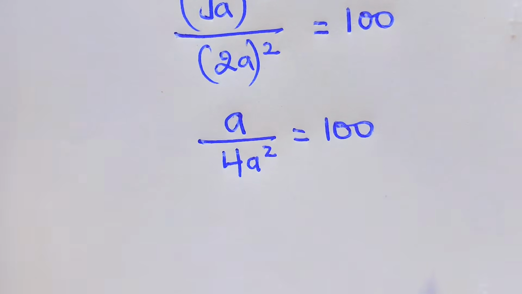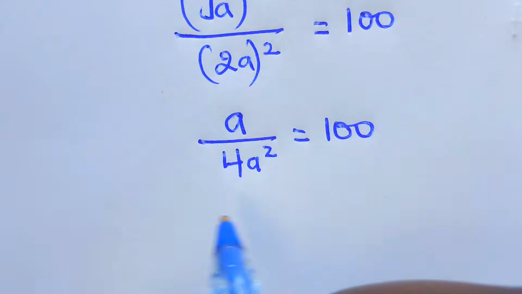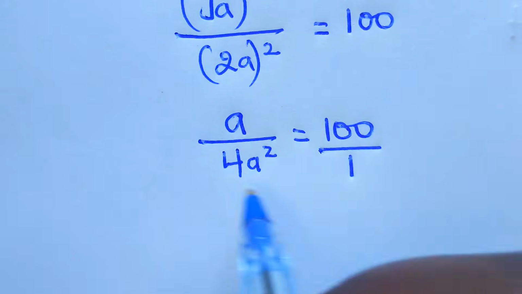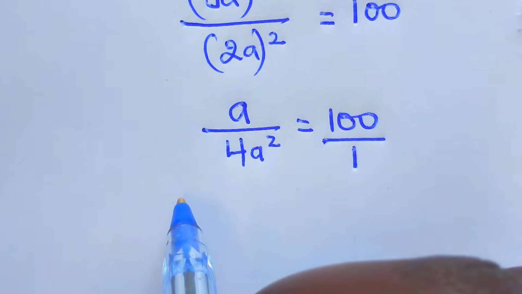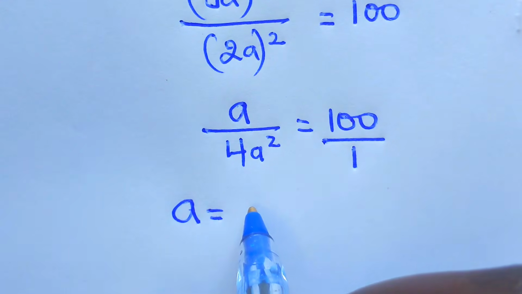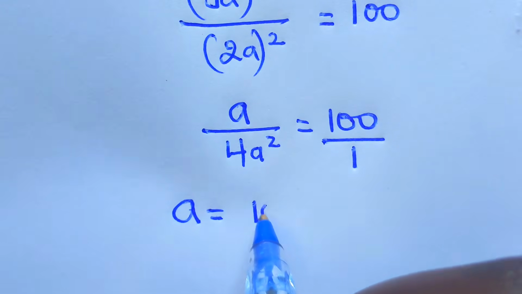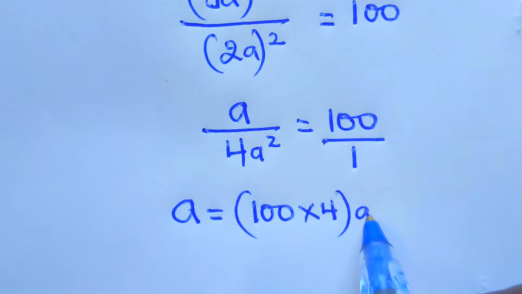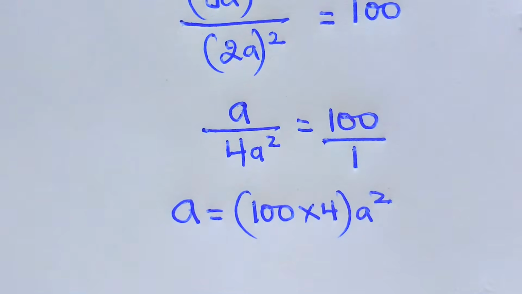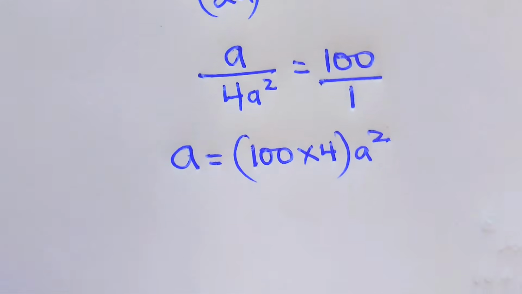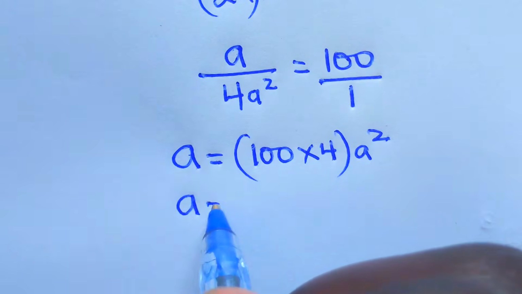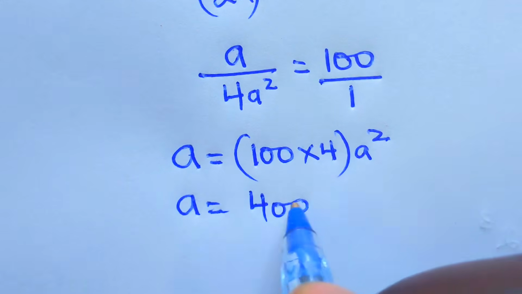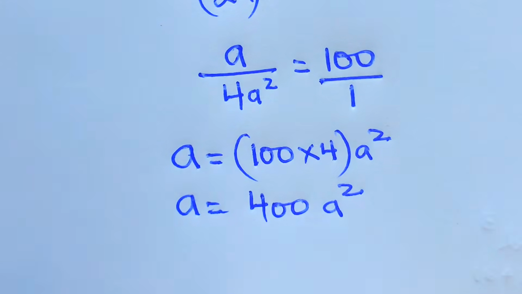What should we do here? We shall cross multiply to say a equals 100 times 4a squared. Now we have a equals 400a squared.